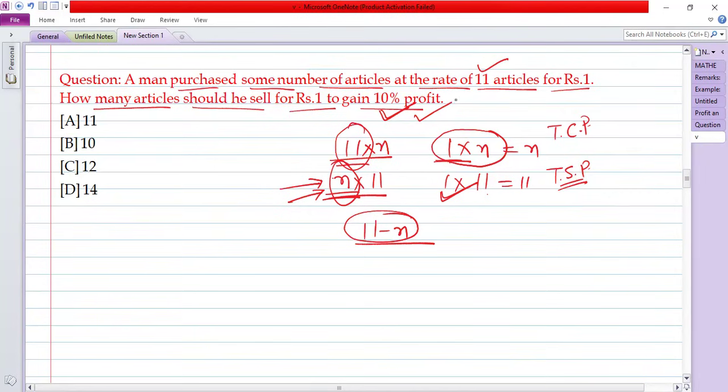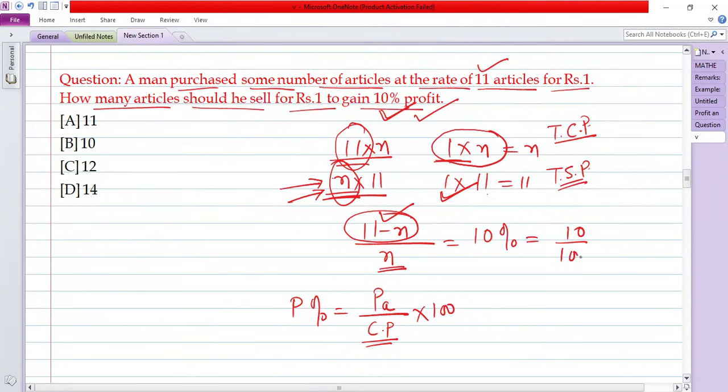We need profit percent, so it must be profit amount divided by the total cost price into 100. And we need it to be 10%, so 10 by 100. Basically we have to solve this equation.